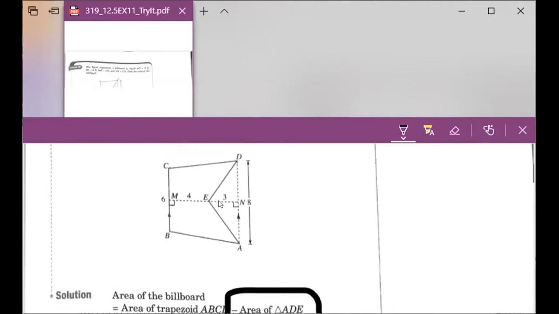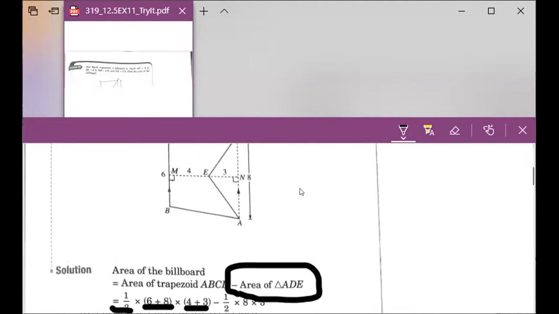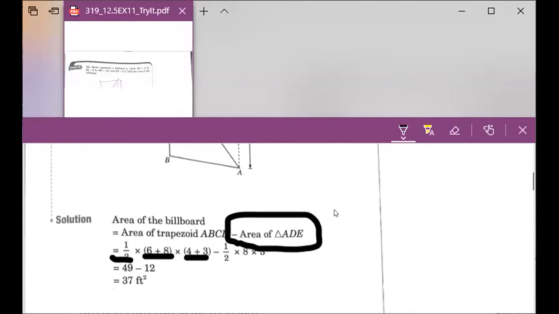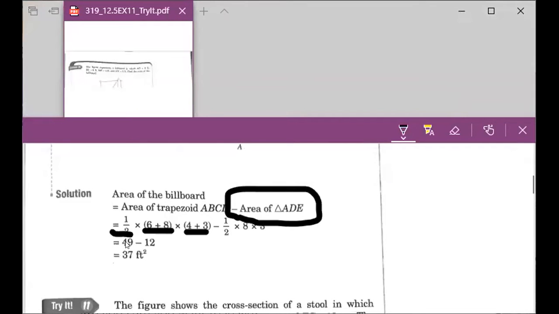So the base times height divided by 2. So this is 8 times 3, and then divided by 2. We want to take away this part. So this is 49 take away 12, and then equal to 37 feet squared, okay?